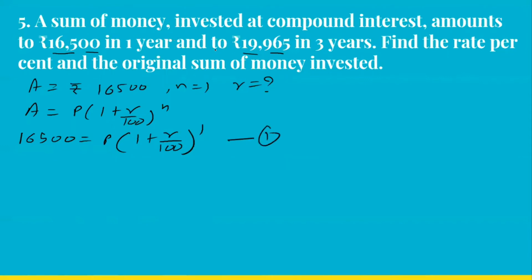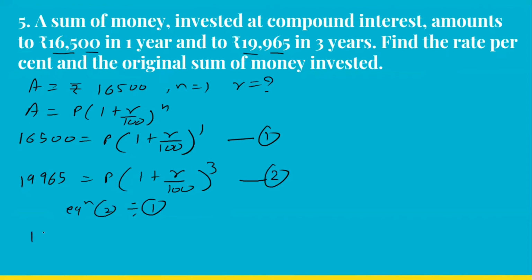Then in the second case, it is 19,965 in 3 years. So in 3 years it becomes 19,965. So in this case, 19,965 is equal to P in bracket 1 plus R upon 100 raised to 3, which is our equation number 2. We want the equation in one variable, so let us divide equation 2 by equation 1.